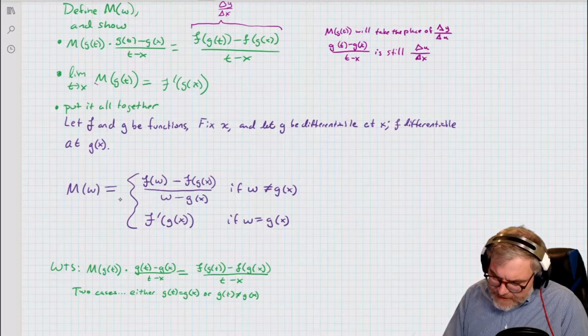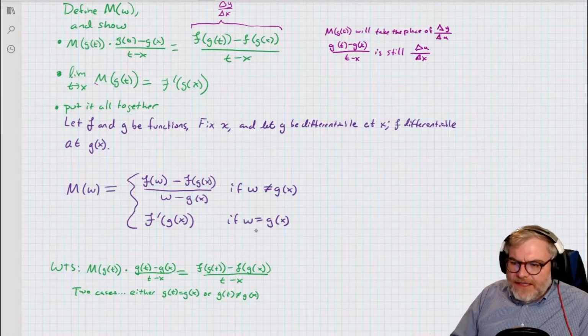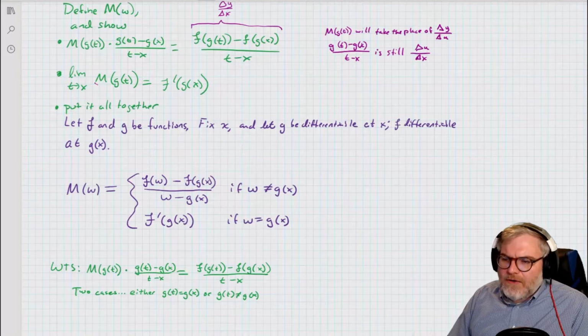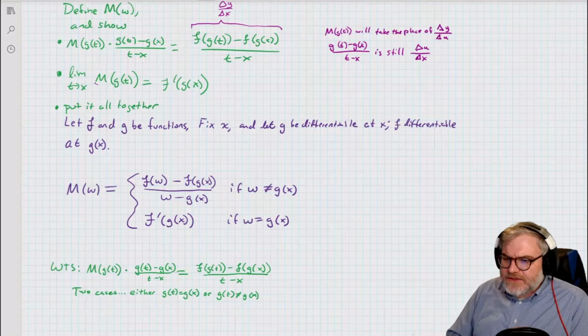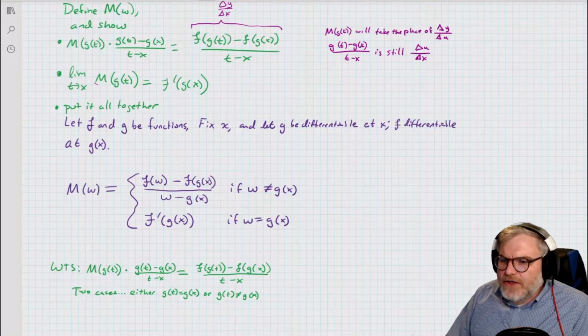I've got a w here, that's dependent upon w. But notice if w equals g of x, in other words, this is going to become g of t later, if g of t equals g of x, I've got f prime already built in. I'm not going to allow that thing to just derail my whole bit. And this gives me a little bit more control about what's going on, which makes me a little bit happier.